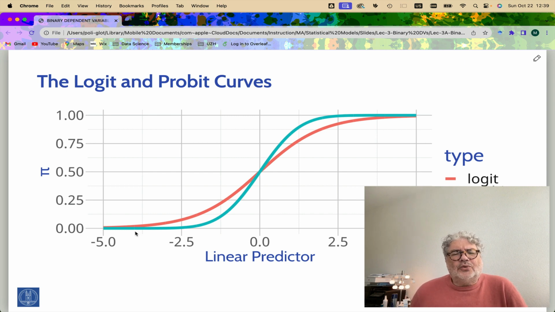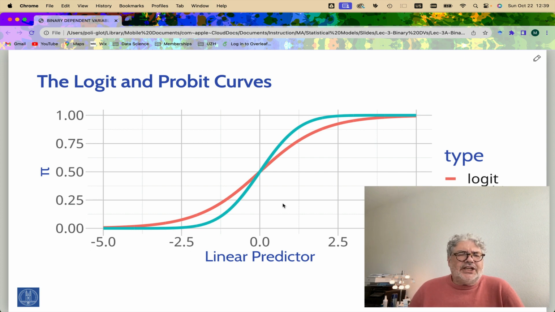And you also see that the relationship between the predicted probability and the linear predictor in the Logit and probit curves is S-shaped. Yeah, the Logit model has slightly more probability in the tails than the probit model, but those are typically very trivial differences when we start thinking about the predicted effects in those models.